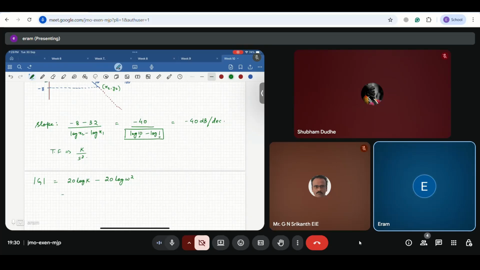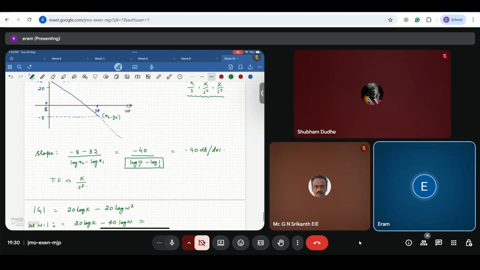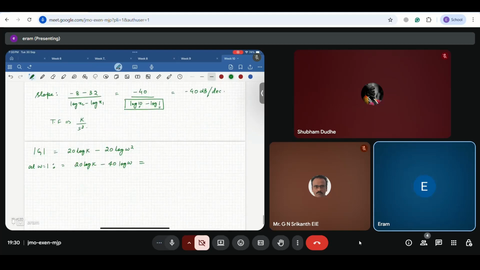So it is 20 log k minus 40 log omega, and at omega equals 1 it is given that this magnitude is how much? 32. So 20 log k minus 40 log 1 is given as 32.